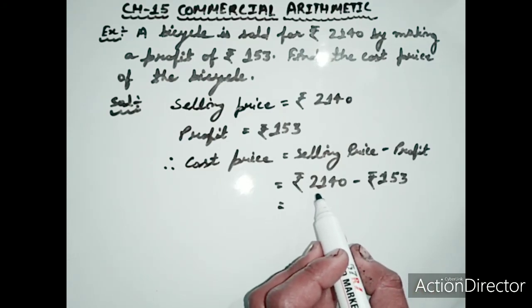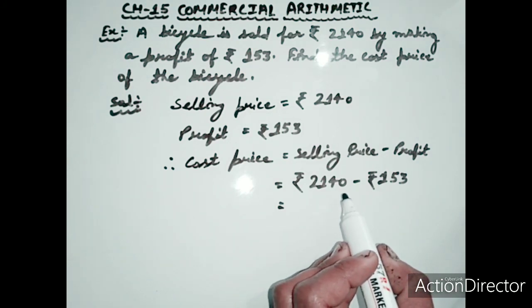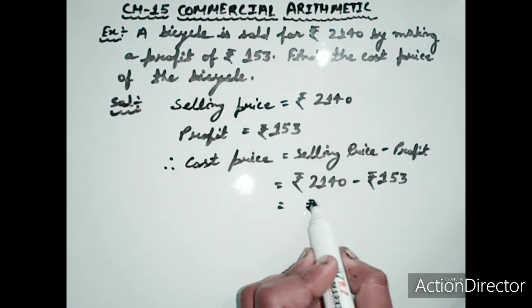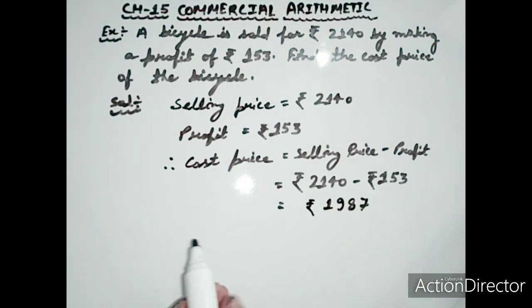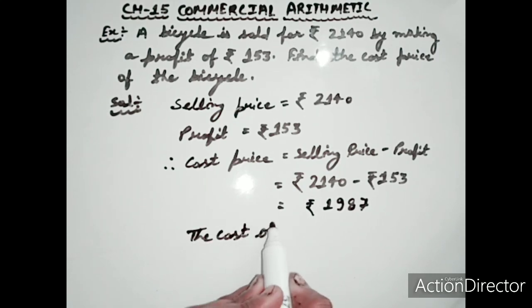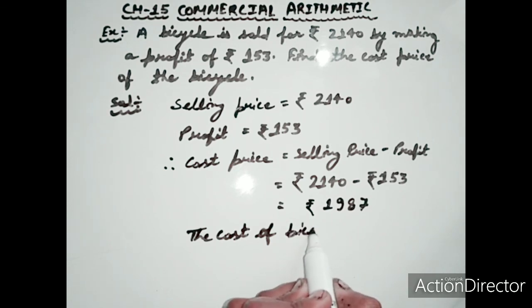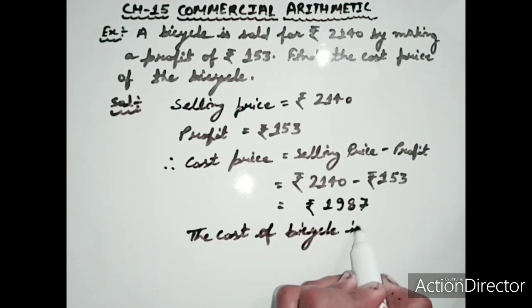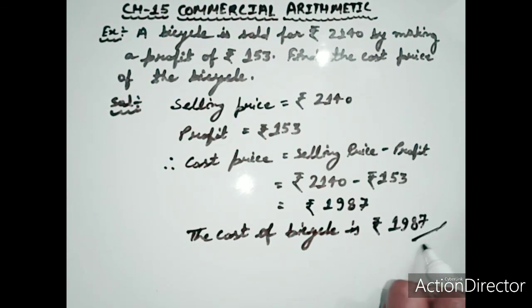So when we subtract rupees 153 from 2140, we get rupees 1987. So the cost of the bicycle is rupees 1987.